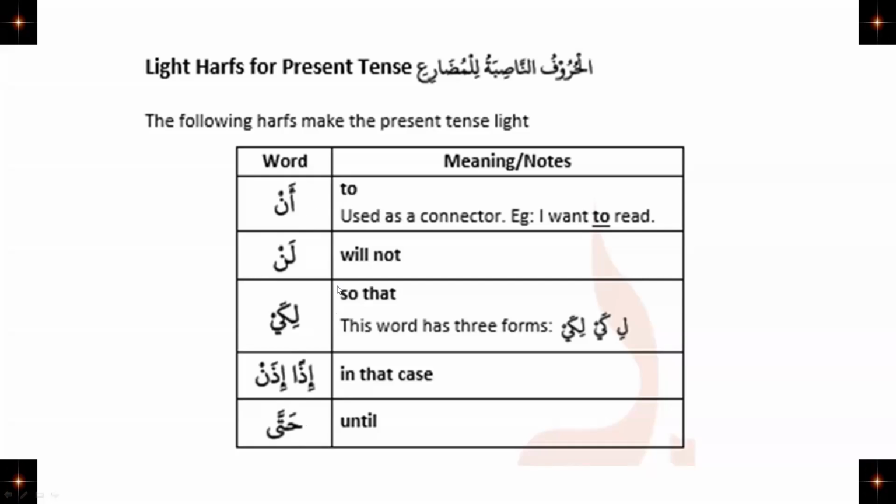It doesn't happen. It has to be likay fi'l. And the fi'l here has to be mudhari. Isn't that interesting? Except this word, of course, hatta can be harf of jar. Okay, it can be harf of jar, and in that case, it can happen depending on the context. Okay, very important for us to note.